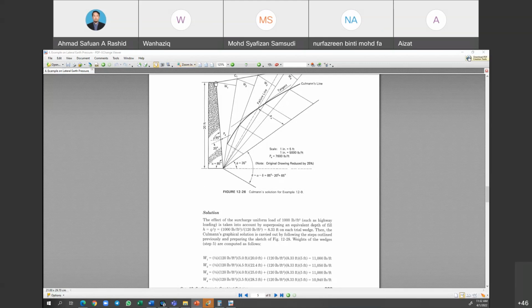Once you use the graph paper, you can get the actual height and the actual width of the triangle diagrams.